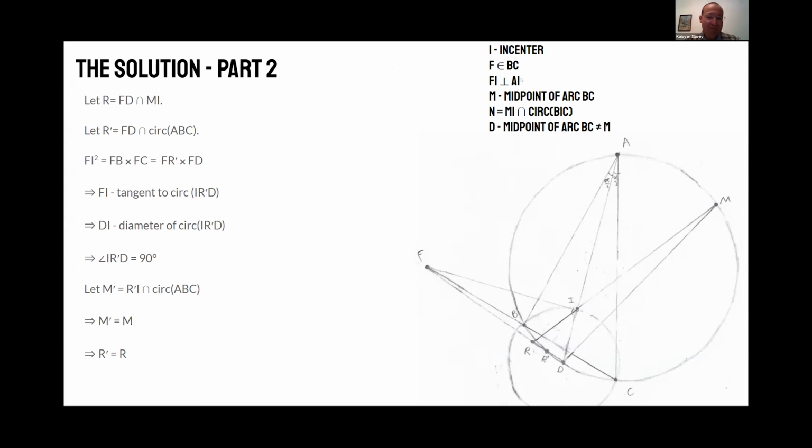Yes, so you just check if the problem holds, and then you prove this. Proving R equals R prime is kind of difficult, but not very. You just use Power of a Point 1, 2, 3, 4 times, and then the Thales circle twice, and then you're done.